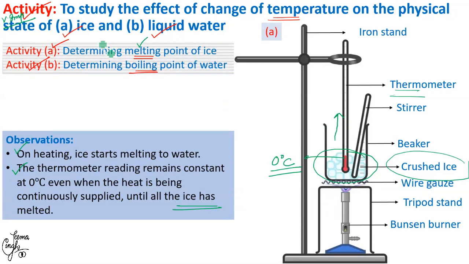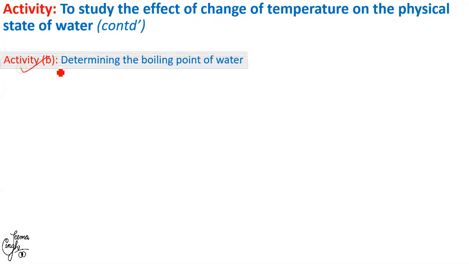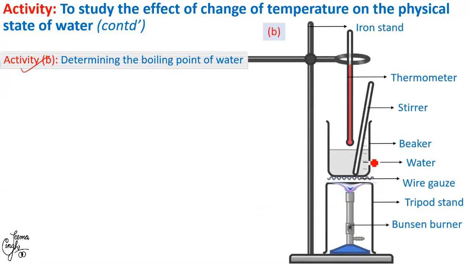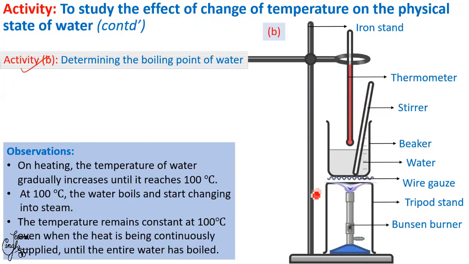And that will begin the second part of the activity, which is determining the boiling point of water. For this part of the activity, we further heat water while constantly stirring it with the help of a glass rod or a stirrer. We also keep a careful watch on the thermometer reading and observe that as the heat is provided, the temperature of water gradually increases until it reaches 100 degrees Celsius.